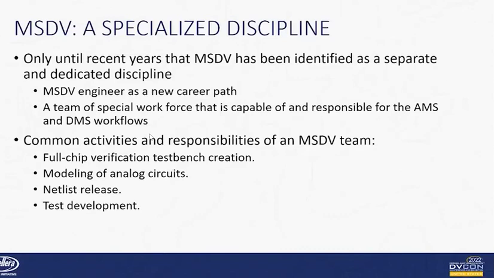Then we spend a lot of time at the end of the project to develop MSDV tests. These are a subgroup of tests that focus on the analog blocks and the interface between digital and analog, to make sure some analog behaviors, even some analog performance metrics, are covered and verified in our test suite.